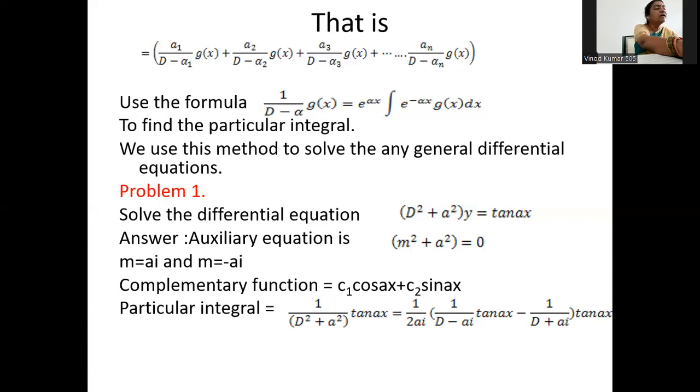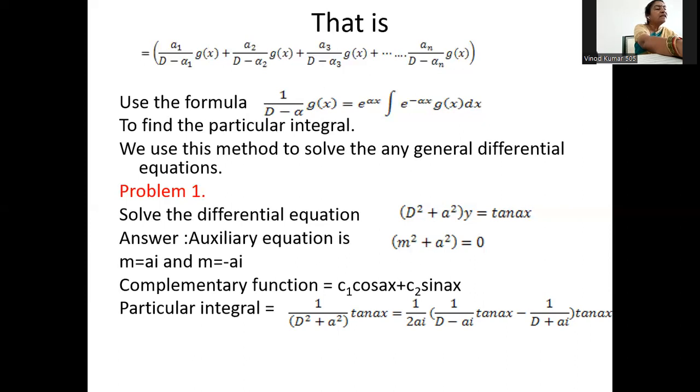Therefore, 1 by (D square plus a square) on tan ax is equal to 1 by (D plus ai)(D minus ai). Take the partial fractions because it is a linear equation, and this is equal to 1 by 2ai into [1 by (D minus ai) minus 1 by (D plus ai)] on tan ax.